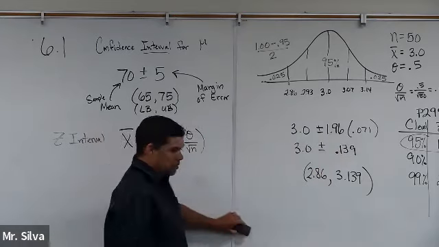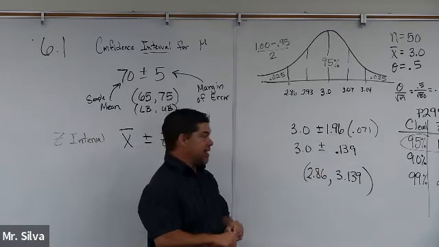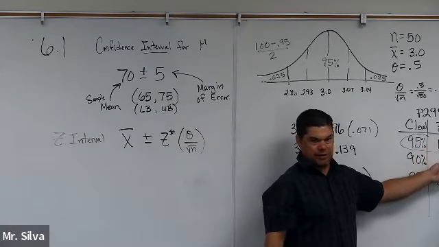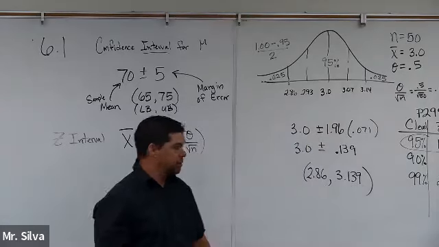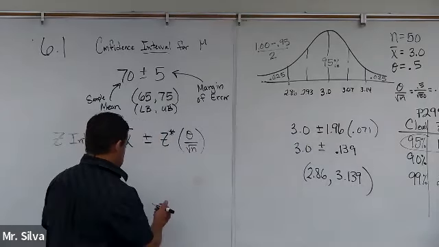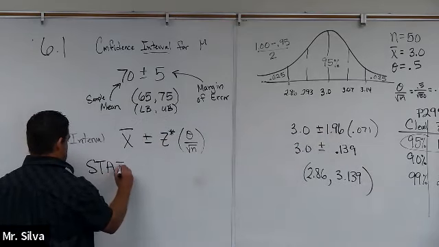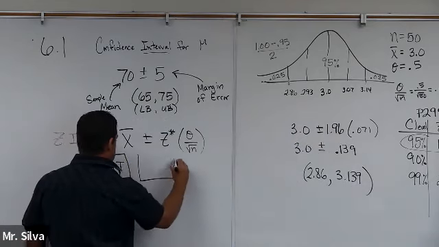You ready for the calculator way? In the calculator way, it bypasses having to find the Z star. We skip this whole step. Pretty cool. We're going to a new world, Super Mario World number 3.